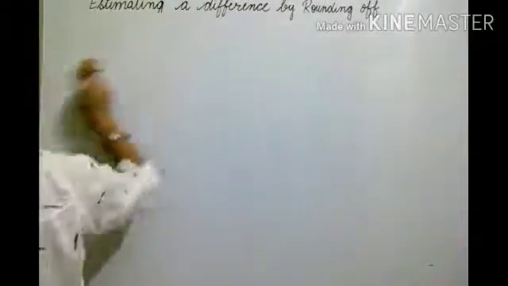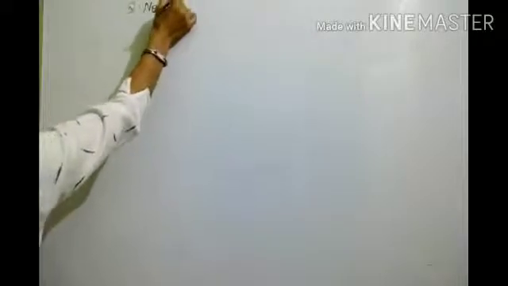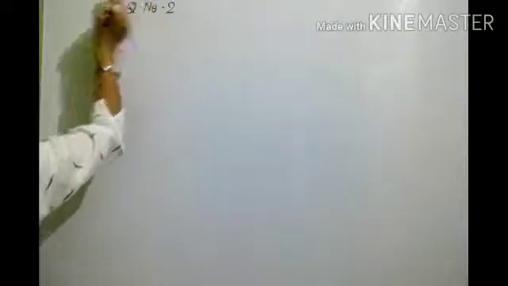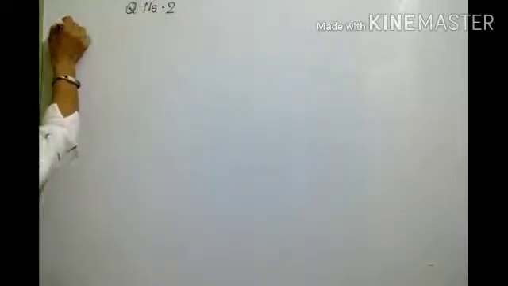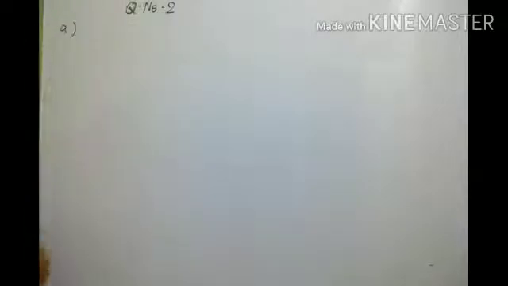Now let us solve question number 2. The statements you will see in your book. I am telling you only answers. Question number 2, A part. Finding the difference between two numbers is called subtraction.